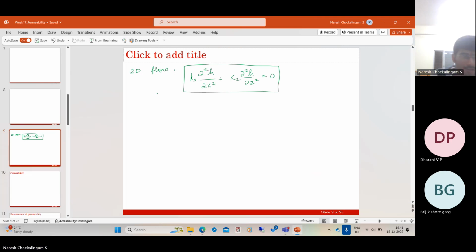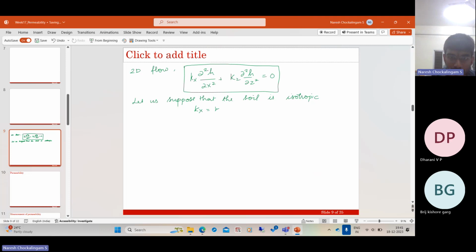Let us suppose the soil is isotropic. What does isotropic mean? Isotropic means that properties do not depend on the direction, which means Kx is equal to Ky is equal to some constant K. And that permeability is positive.